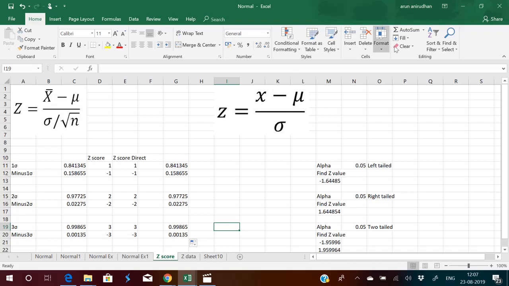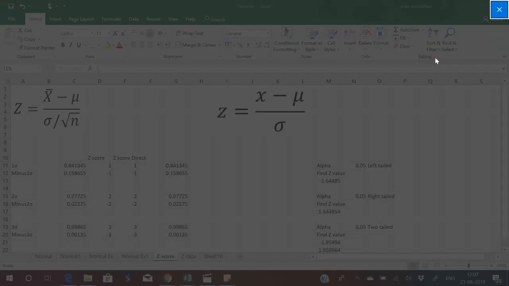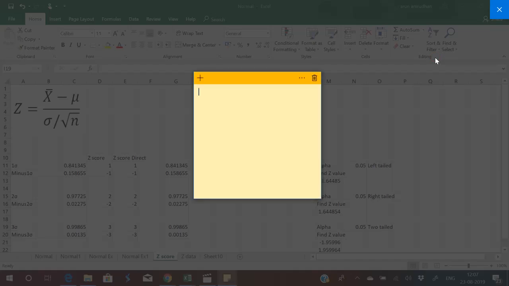Okay, so now what we are going to do here is, suppose there is a normal distribution.